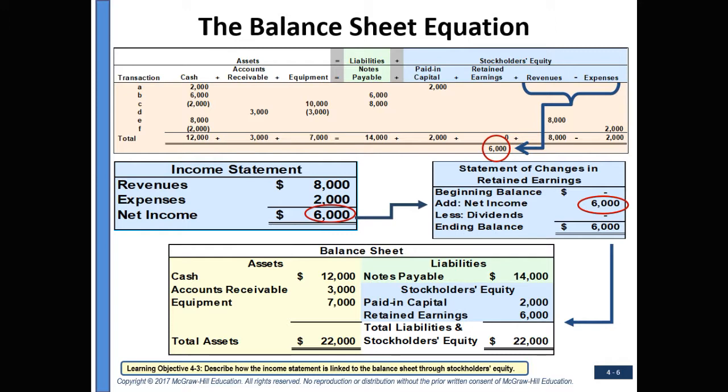Total assets must equal liabilities plus stockholders' equity. Liabilities are $14,000 and stockholders' equity is $8,000, giving us a total of $22,000. This ties back to the $22,000 of assets that are on the left side of the balance sheet.